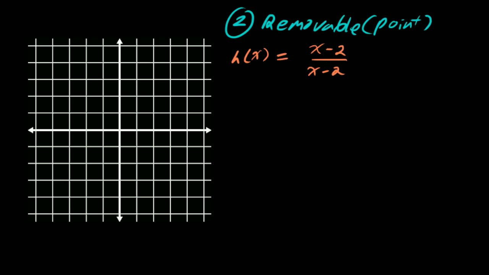And we said that it's really tempting to want to cancel this out, to just go like that and say that that's equal to 1. And really, when you're graphing this, you can think about doing this.